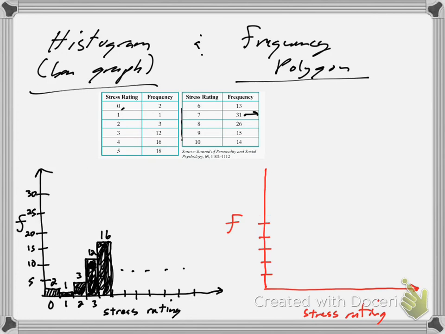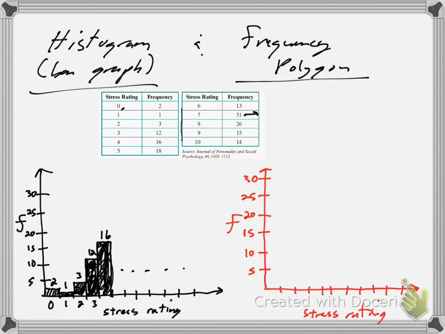Let's fix that. Let's make that a little bigger. Okay, so this is 5, 10, 15, 20, 25, 30. All right, so now 0, 1, 2, 3, 4, 5, 6, 7, 8, 9, 10.